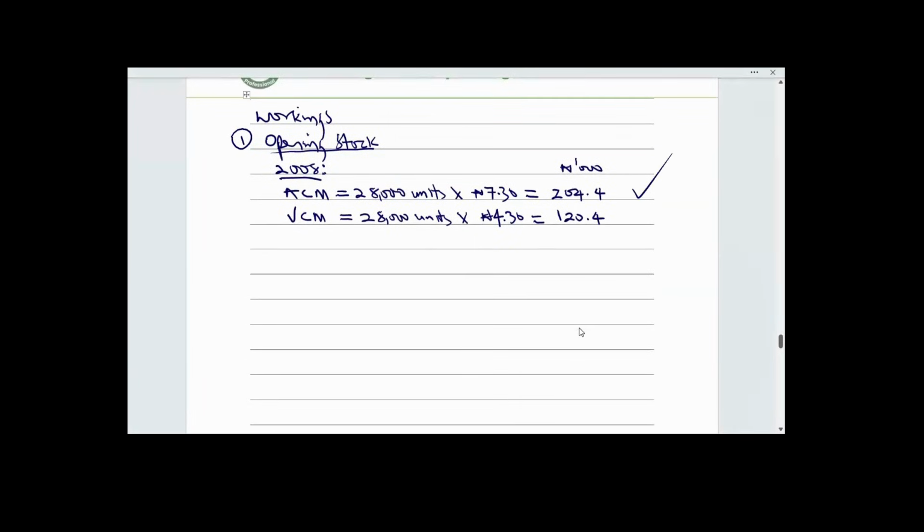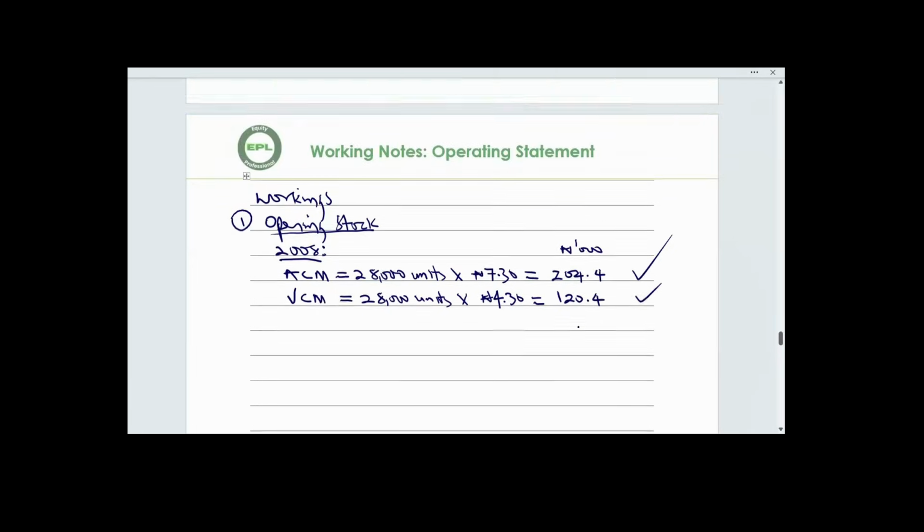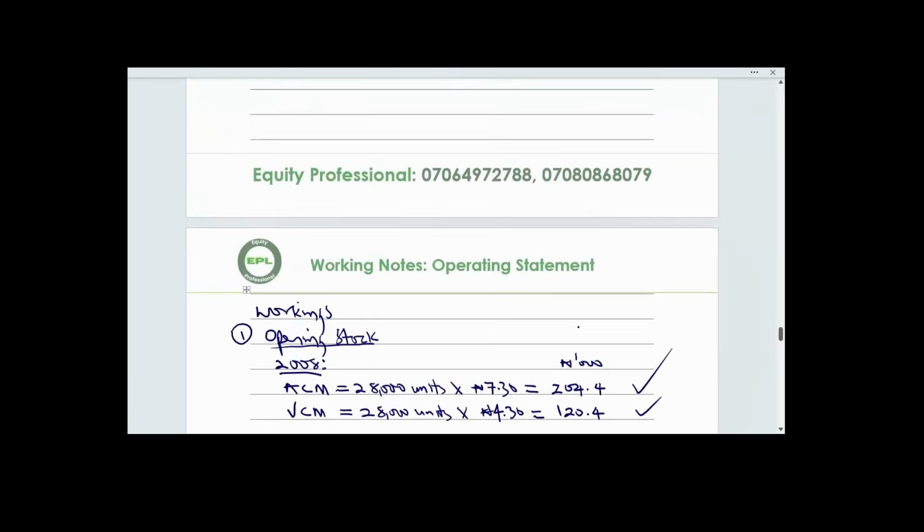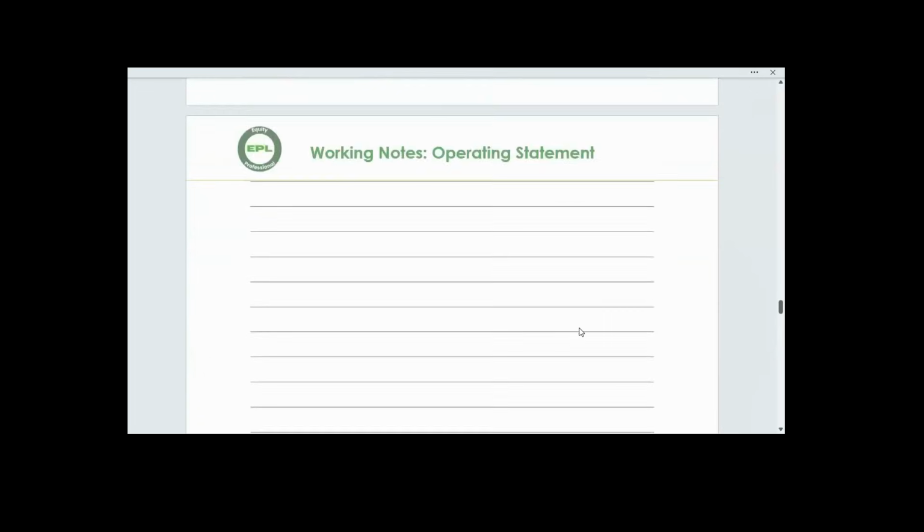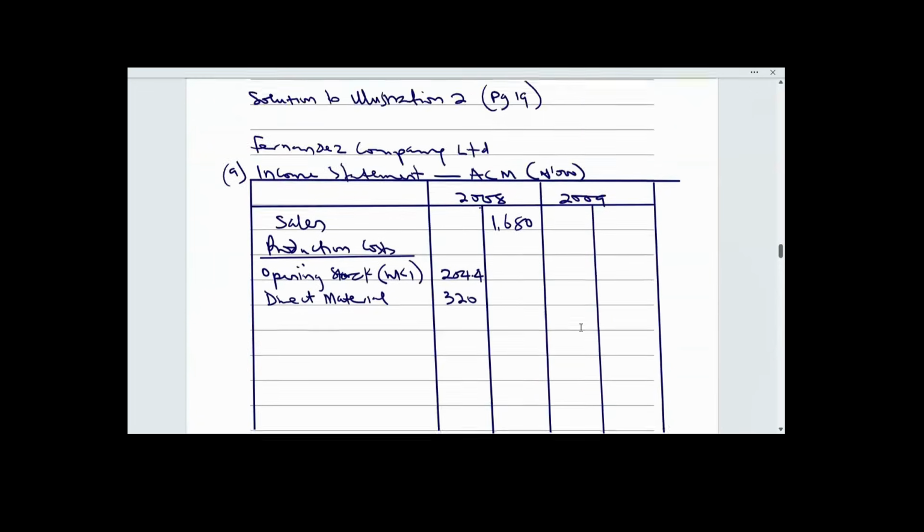Just multiply the opening stock in units by the total cost per unit. Then for the variable costing method, opening stock in units multiplied by variable cost per unit, the total variable cost per unit, we got 120,400 naira. Is it clear now, Olalekan? Yes, sir, it's clear, sir.